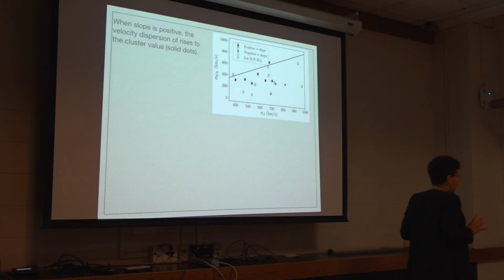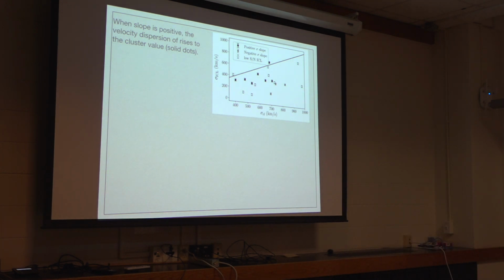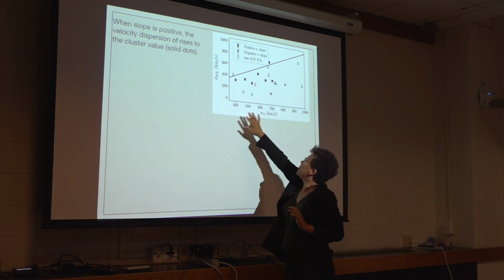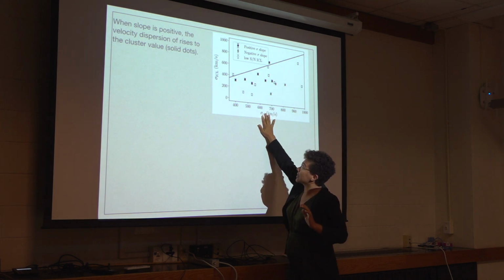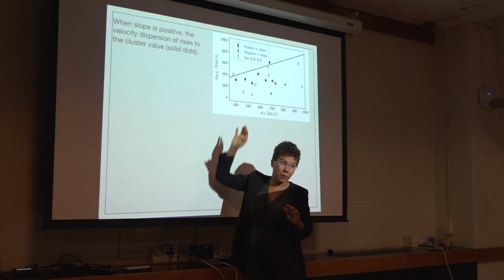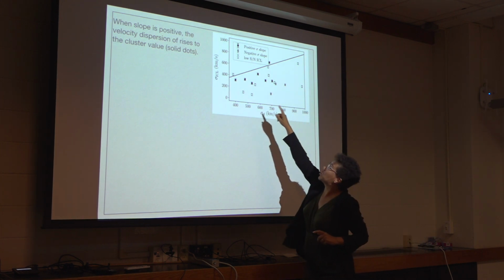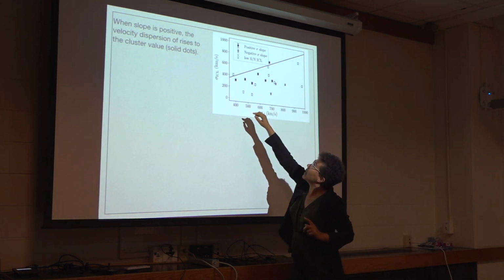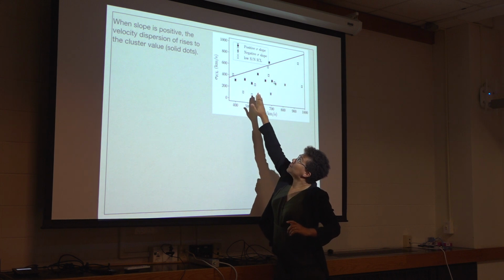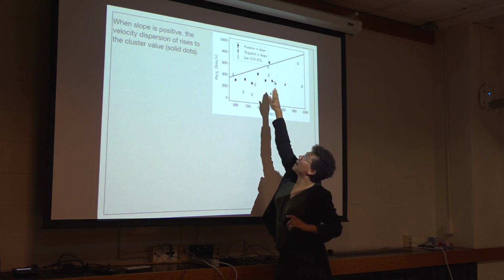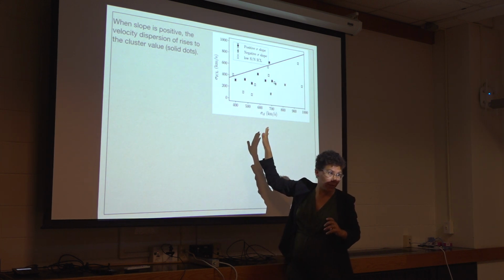Okay, so if we look at just these BCGs with rising slopes, which are the black dots, and we plot the velocity dispersion of the cluster and the velocity dispersion of that outside point, the ICL, and I draw a one-to-one line as the black line, these points are beginning to come up to the cluster value.